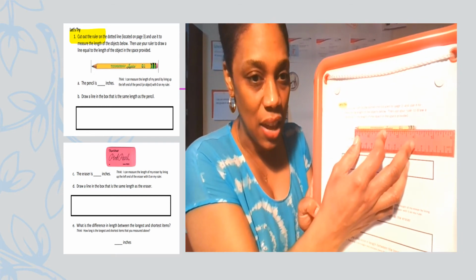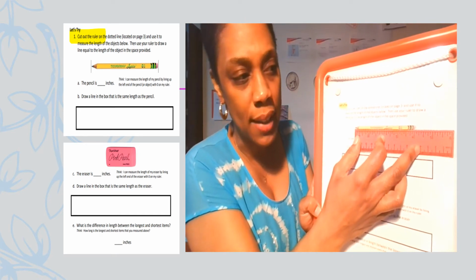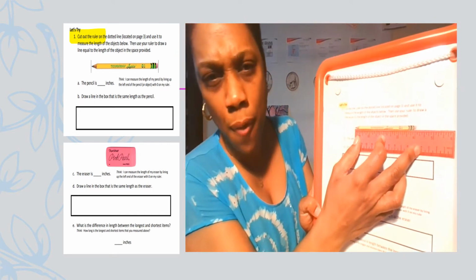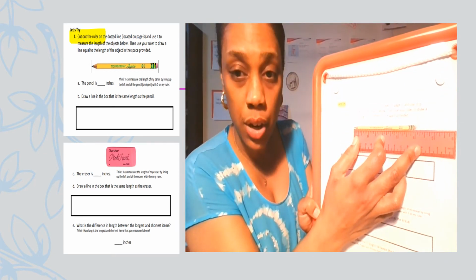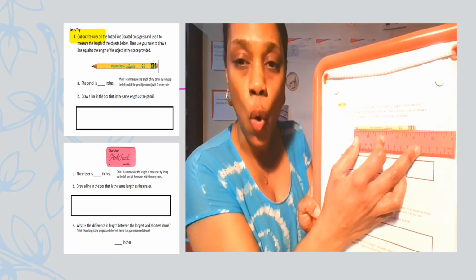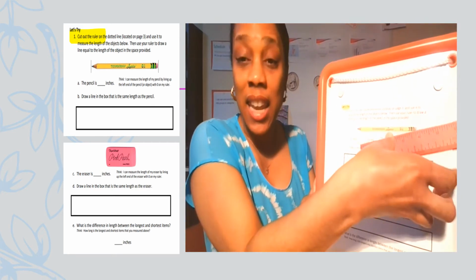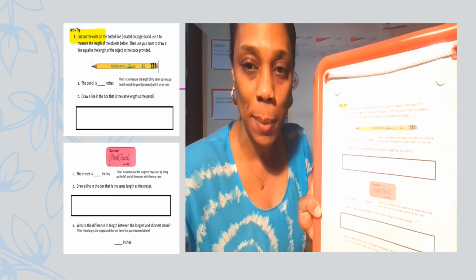I see here that the object measures up to 4 inches. It's a little bit over 4 inches, but I'm only going to the nearest whole number. So I'm going to give this a measurement of 4 inches. Let's write this on our recording sheet. 4 inches for the pencil.